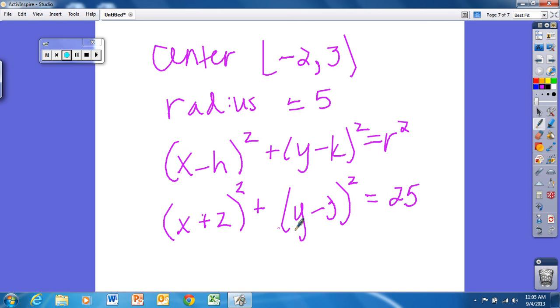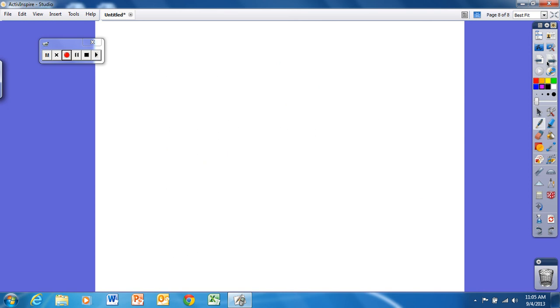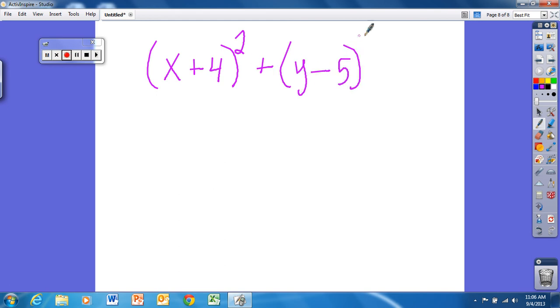So if I gave you this equation, actually I'm going to do that on the next page, so hold on. So again, we plugged in the x value of the center for h, the y value of the center for k, and the r gets squared. But if I gave you this equation and said, tell me the center and the radius... That's a circle in standard form.